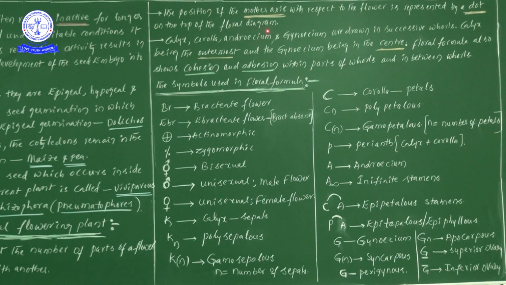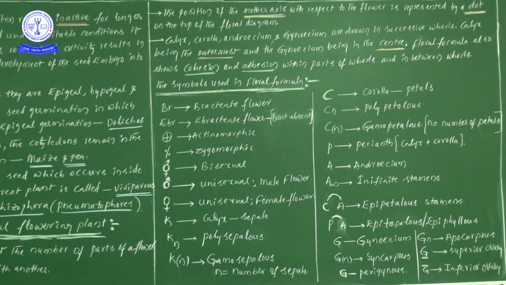If you observe a particular dot at the top of the floral diagram, that dot indicates the mother axis. So once more, let us see that information: the position of the mother axis with respect to the flower is represented by a dot on the top of the floral diagram.